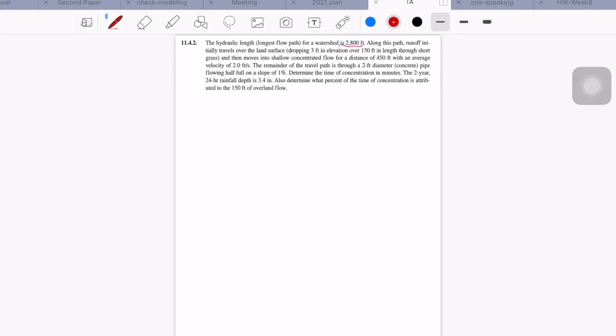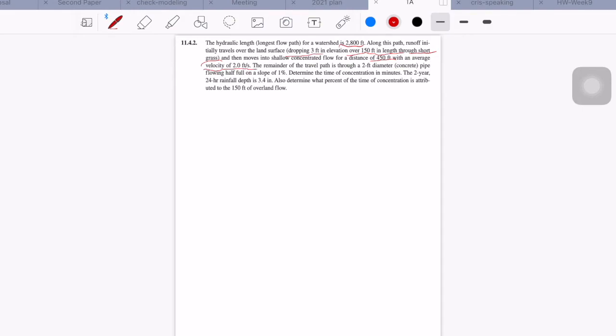For the fifth problem, the hydraulic length for watershed is 2,800 feet. Along this path, runoff initially travels over the overland surface, and we know dropping 3 feet in elevation over 150 feet in length through a short grass, and then moves into shallow concentrated flow for a distance of 450 feet with an average velocity of 2 feet per second.